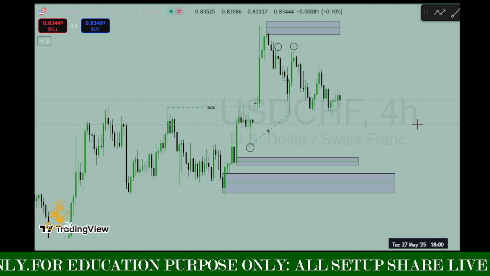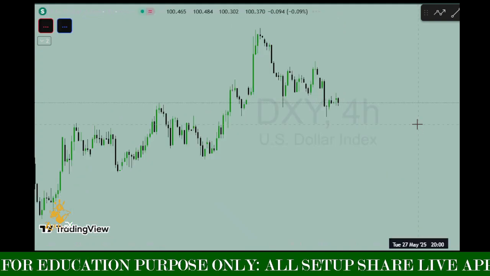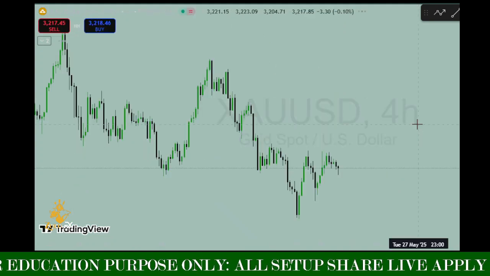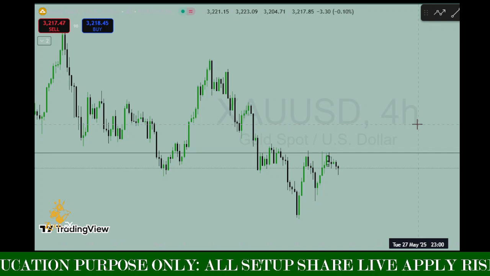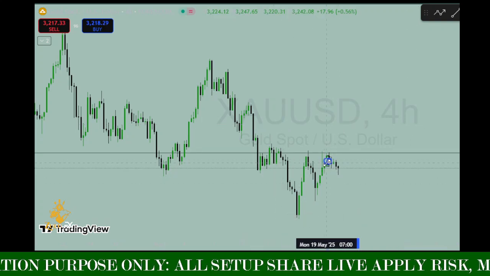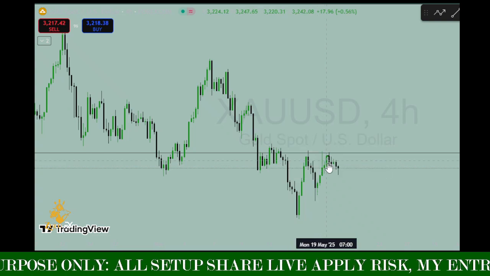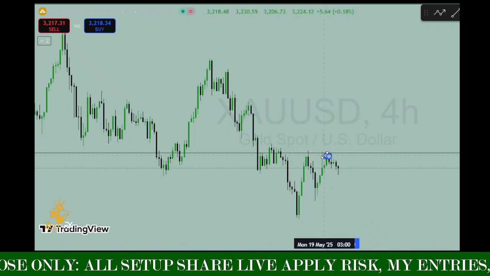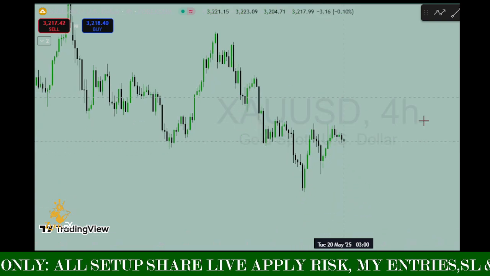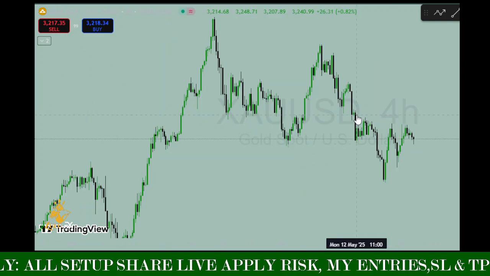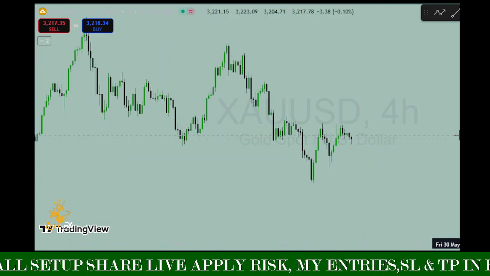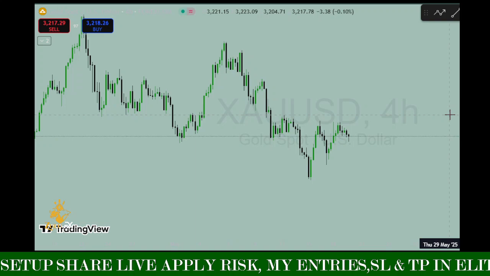Okay, so let's analyze this market together. So this is gold on the 4 hour time frame. You can clearly see the price.